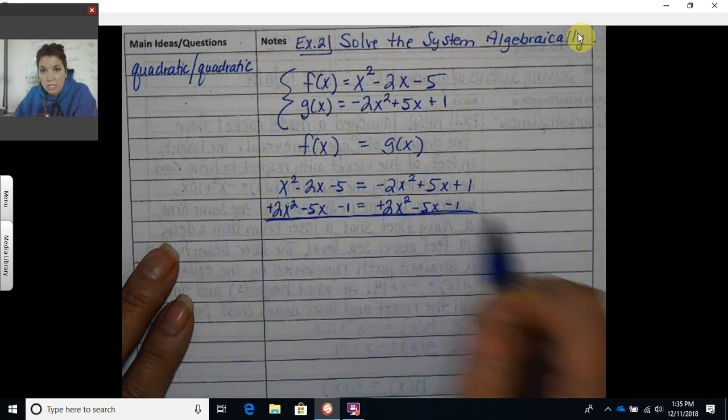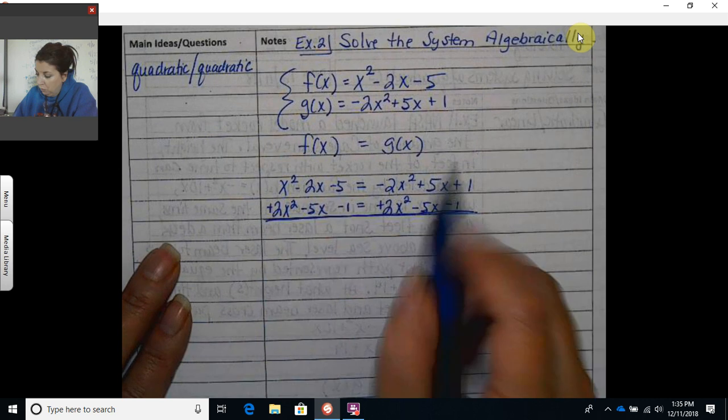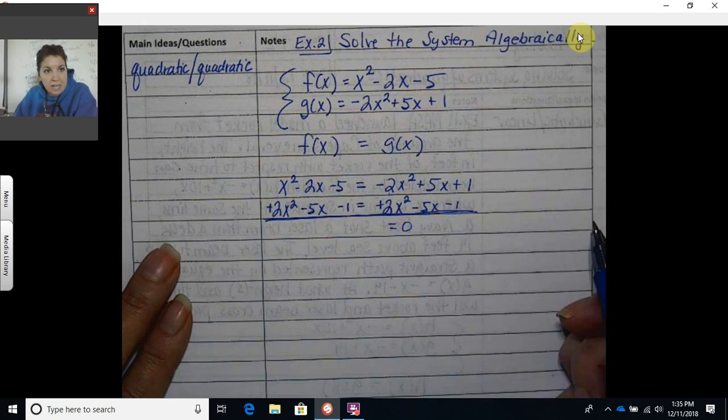So if my signs are correct on the right, everything should cancel so that we're just left with a 0 on the right side. On the left side, I lined my like terms up.